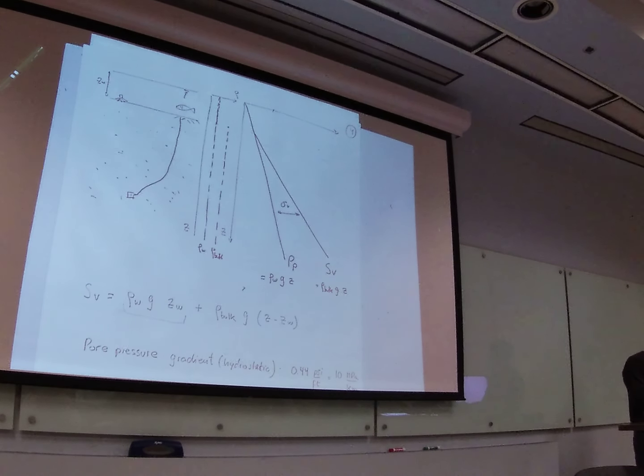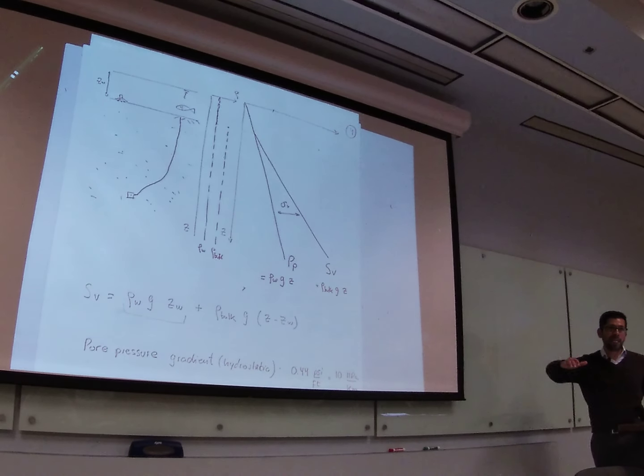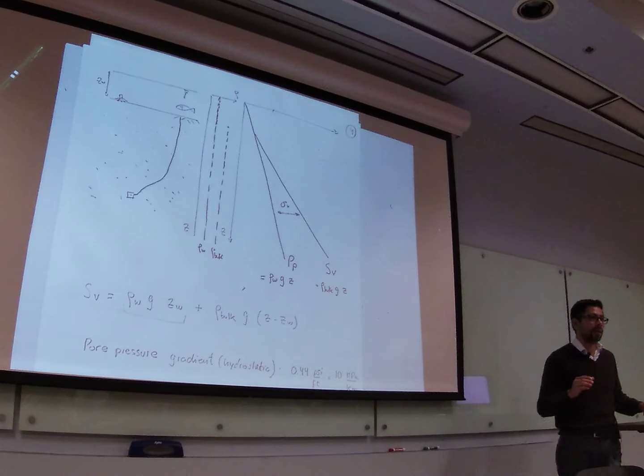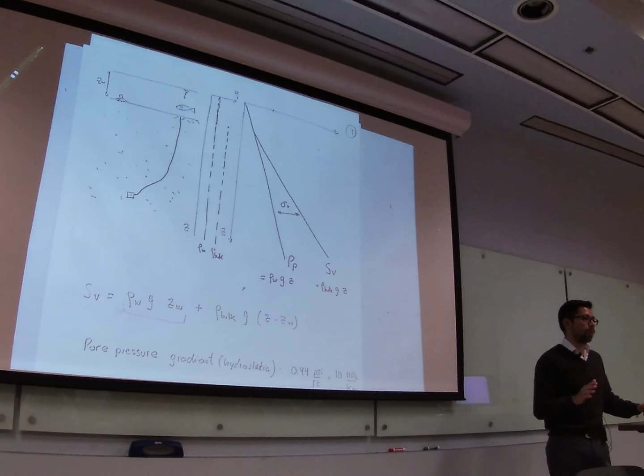When we were doing this, we were assuming that our densities were homogeneous, were the same everywhere. But we know that that's not true. We know that the density of rocks varies with depth.